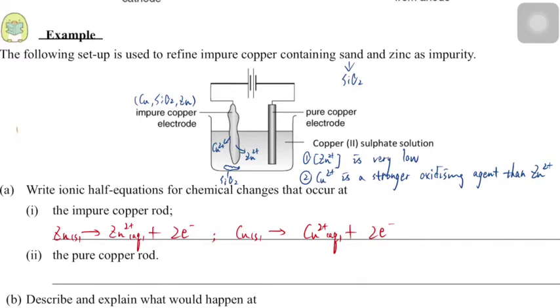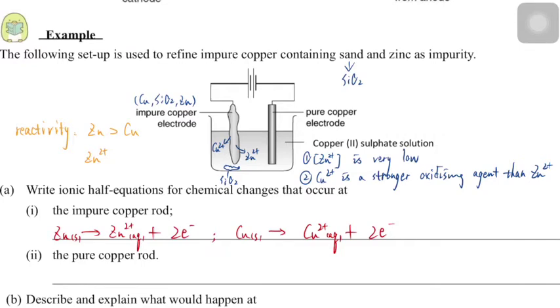Okay, if we talk about the reactivity of metal, we know zinc is more reactive than copper. So for zinc, it would prefer to lose electron and stay as zinc ion. However, copper has a lower reactivity, so it's pretty unreactive and pretty stable.